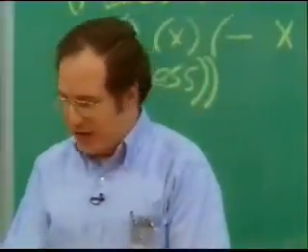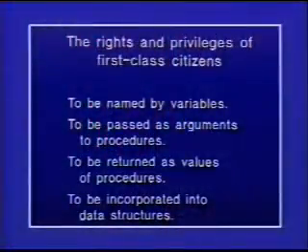He was a great advocate of making procedures or functions first-class citizens in a programming language. Okay, so here are the rights and privileges of first-class citizens in a programming language. It allows you to make any abstraction you like if you have functions as first-class citizens.